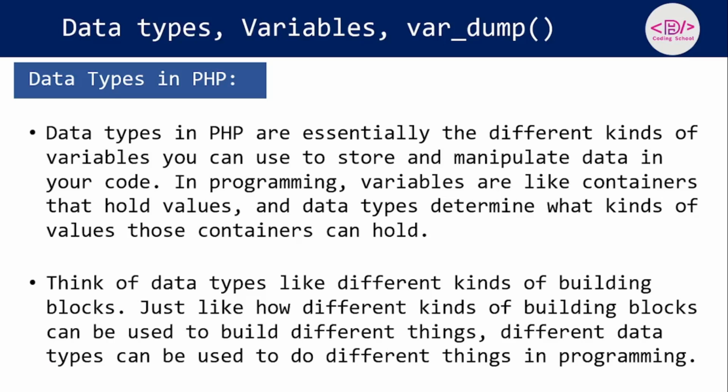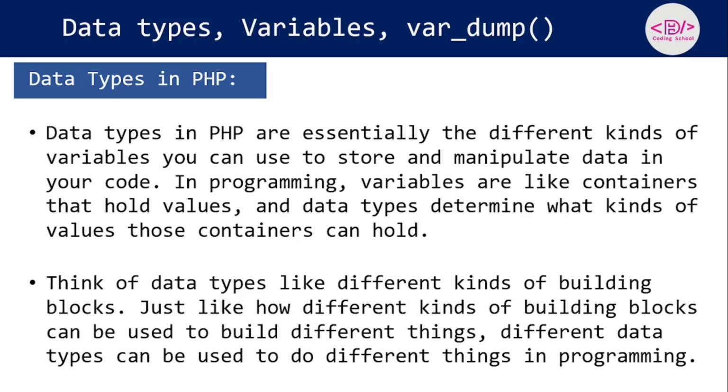So what are data types? Data types in PHP are essentially different kinds of variables you can use to store and manipulate data in your code. At this point, if you have never had variables, you're asking, what are variables?